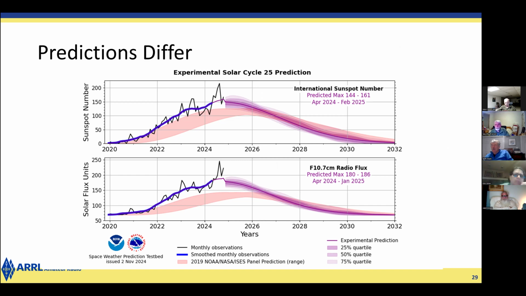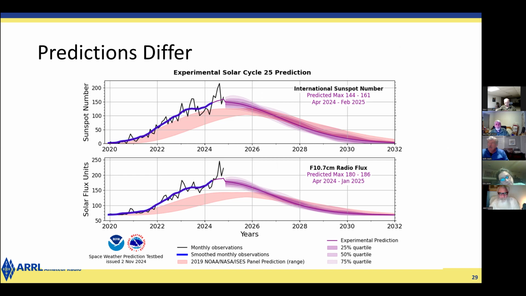And you can see that there is a reasonable correlation between the solar flux, which is a stand-in for the total solar radiation, and the sunspot number. So when we say sunspot cycle and solar cycle, we mean more or less the same thing, even though sunspots themselves don't cause much of an increase or decrease in the electromagnetic radiation from the sun.